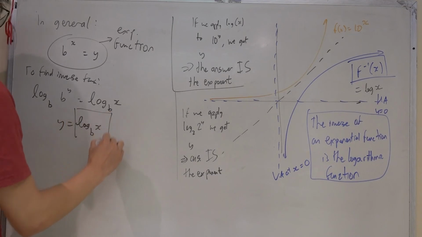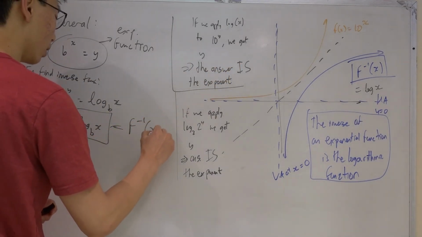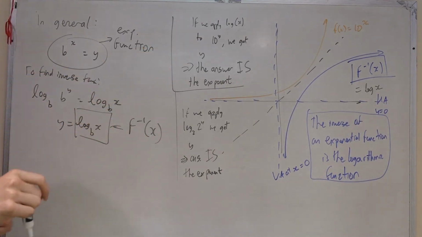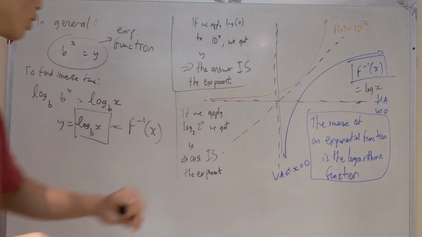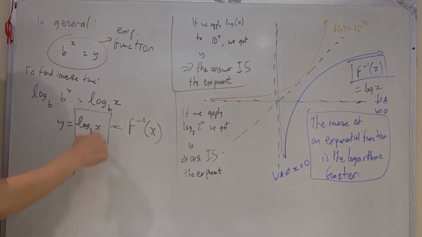And this is what we define to be the inverse function of the exponential. This was the exponential function, and this is its inverse. This here is the actual formula for the inverse.